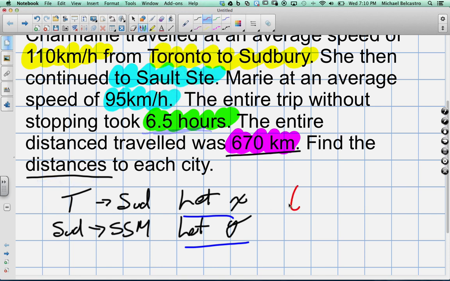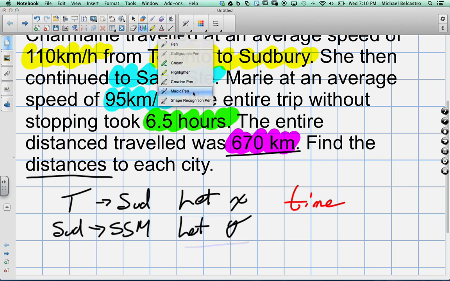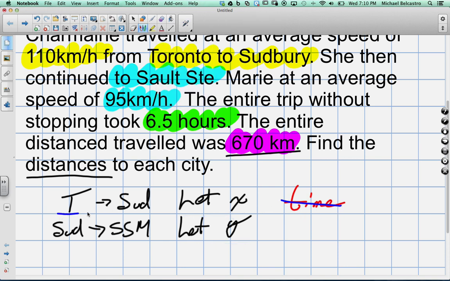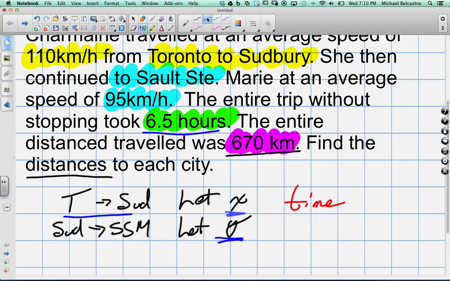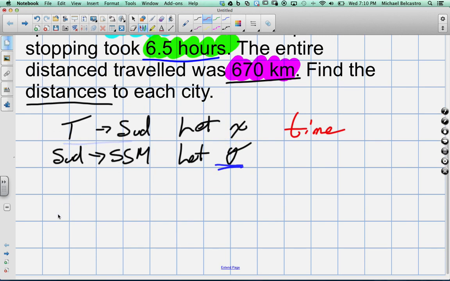X is the amount of time we spent traveling from Toronto to Sudbury, and Y is the amount of time from Sudbury to Sault Ste. Marie. If I take all the time of the first trip and add it to all the time of the second trip, that will be 6.5 hours. It'll be easier to set it up this way than as the distances. So we know X plus Y is equal to 6.5 hours.